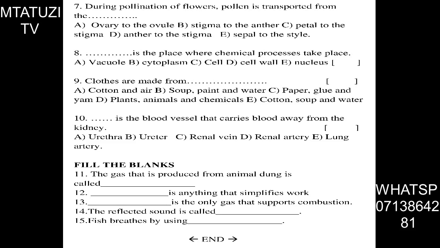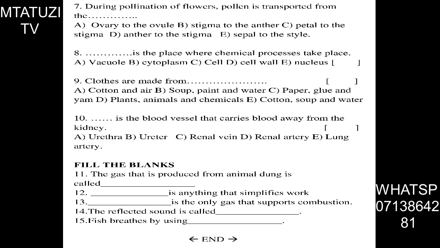Which place does chemical process take place? Chemical processes take place in a plant or in a cell of an organism. In which place within a cell of a living organism do chemical processes take place? There are two types of cells: plant cell and animal cell.